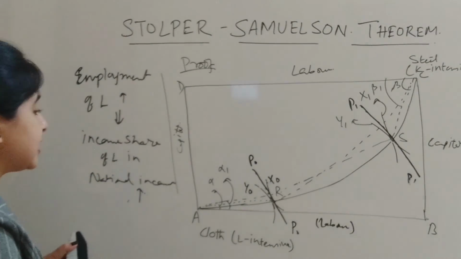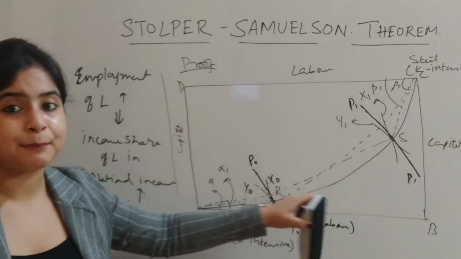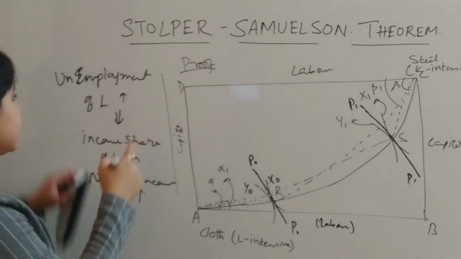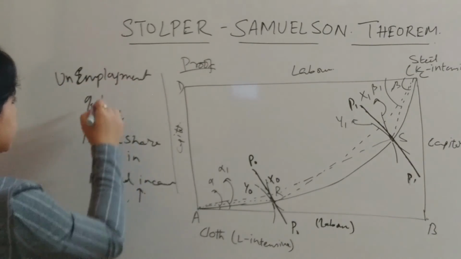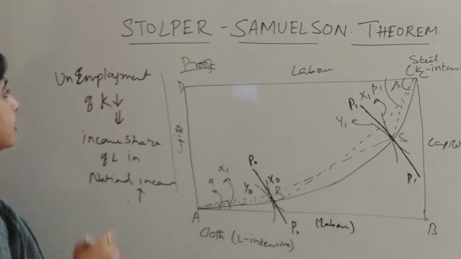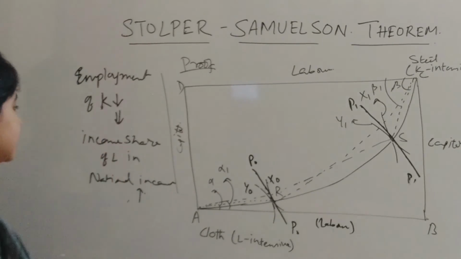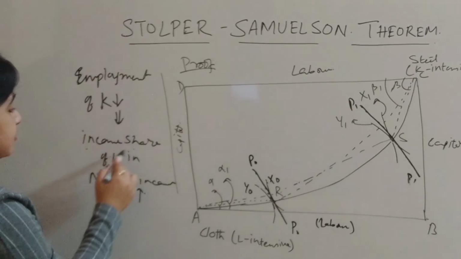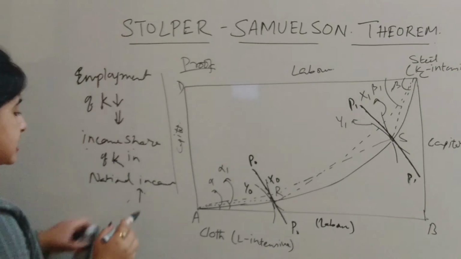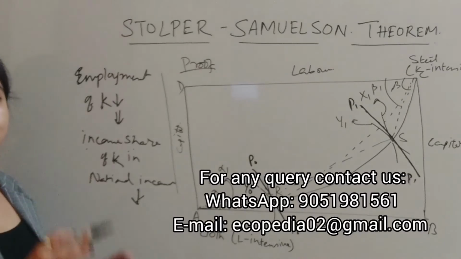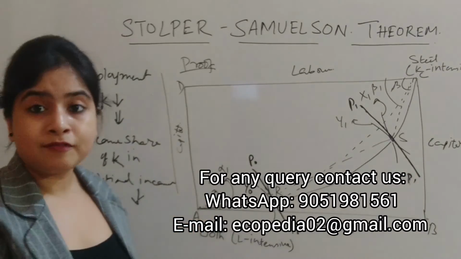Now let's see what will happen to capital. There will be unemployment of capital, or we can say the employment of capital reduces, right? That means the income share of capital in the national income will be reducing. So what have we learned?